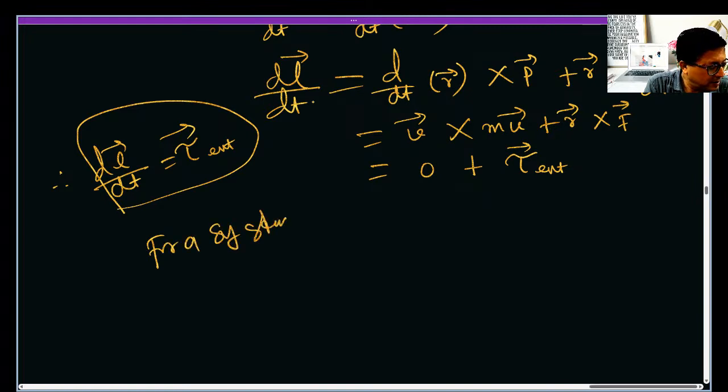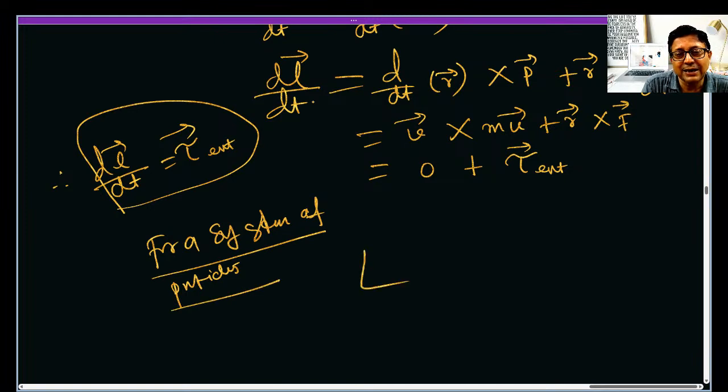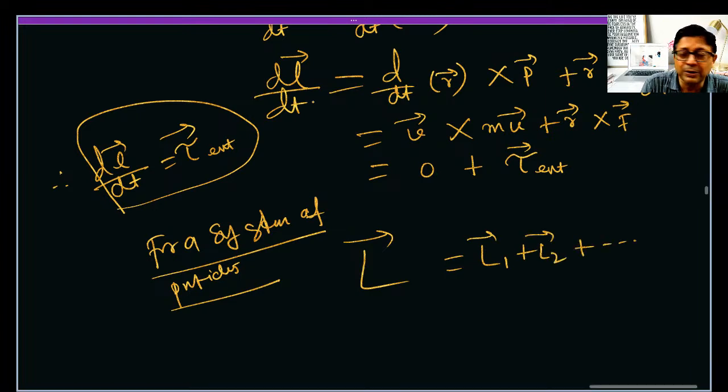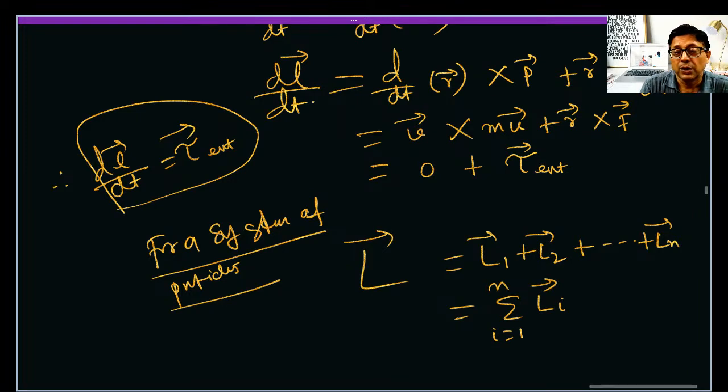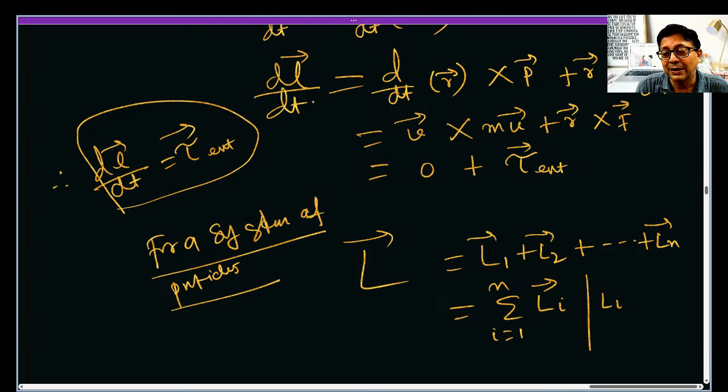For a system of particles, how do you write the net angular momentum? L equal to L1, L2 up to Ln. This is nothing but sigma Li, i equal to 1 to n. You agree or not? What is Li?